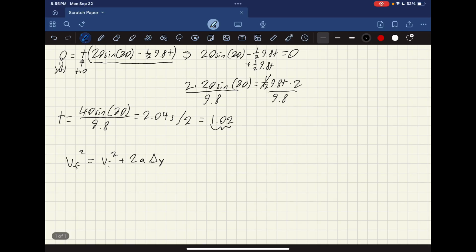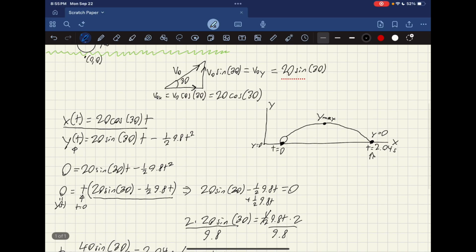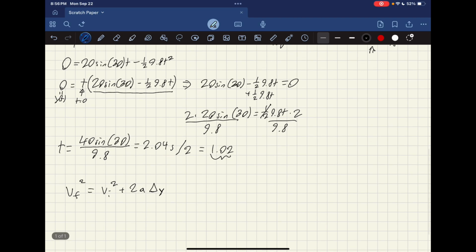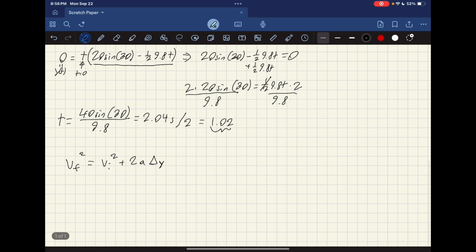direction you're solving for. So given that we know that at this y max, the y velocity, since it's changing direction there, would be 0, you could say that 0 equals v initial in the y direction squared.